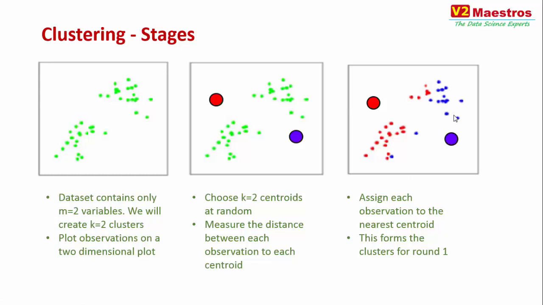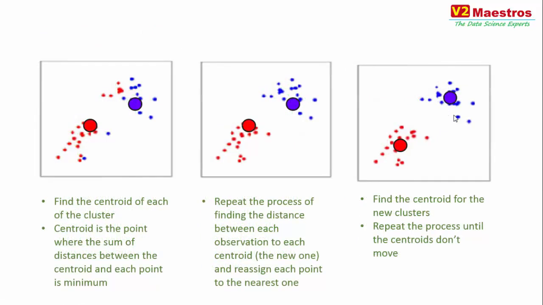Now what do you do in round 2? Once you have the clusters formed, now find the center of each of the clusters, or the centroid of each of the clusters. How do I find centroids? I find a point within the cluster in such a way that the distance of each of the points within the cluster to the centroid, the center point, is minimum.